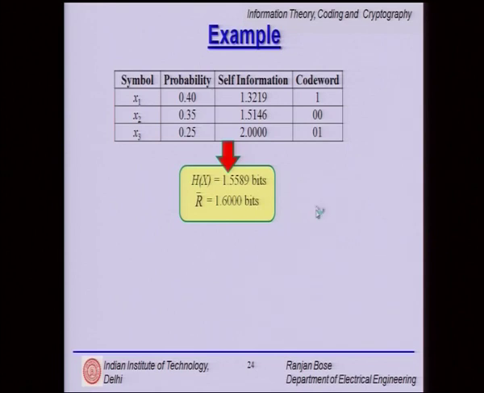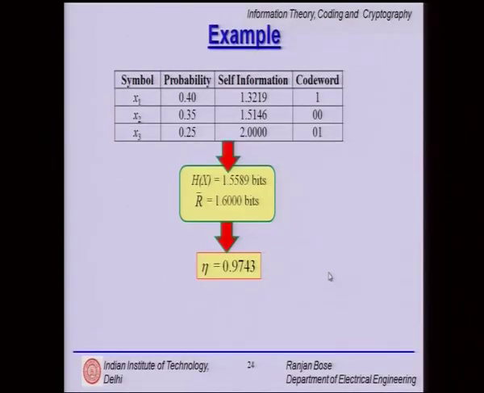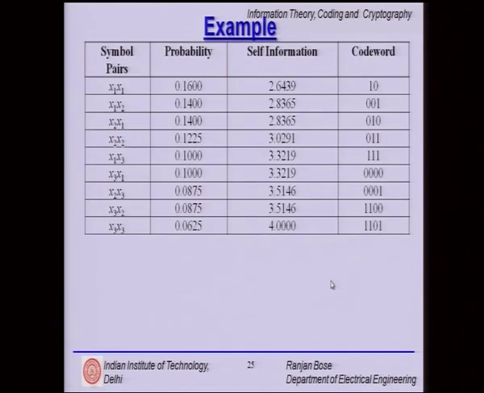So, clearly efficiency is less than 1, but how much is it? It is 0.9743. Fair enough, given probabilities, all the steps are mechanical, this is the best I can do. But I now wonder, can I work block by block? Theory says that I can do better, why do we not give it a try? So, what are my pairs?